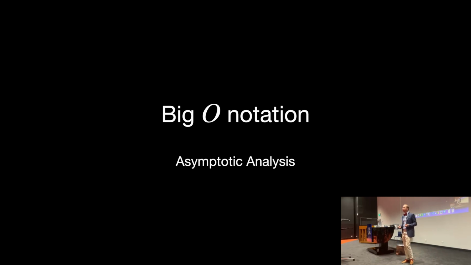Well, one way of thinking about it is that everyone's computer is different. So a program that I run on my 2016 MacBook might take 3 seconds, but on Liam's M1 Mac, it might actually take 1 second. But the important thing is not the exact number of seconds that the program takes to run in most cases. It's the way in which it changes in response to growths in the input.